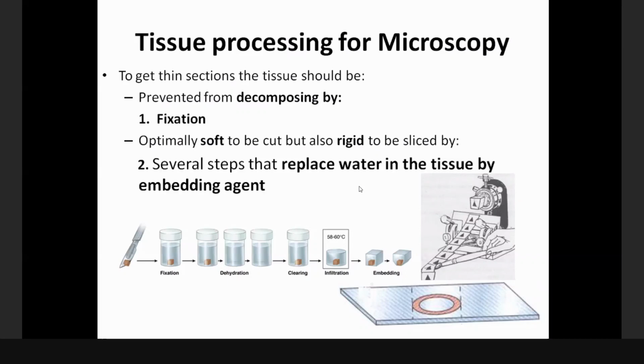This is because of the following. One, the reason why decaying takes place is because of putrefaction and autolysis, and these are able to be prevented by a process known as fixation. So in tissue processing, the first step one needs to do is fixation.